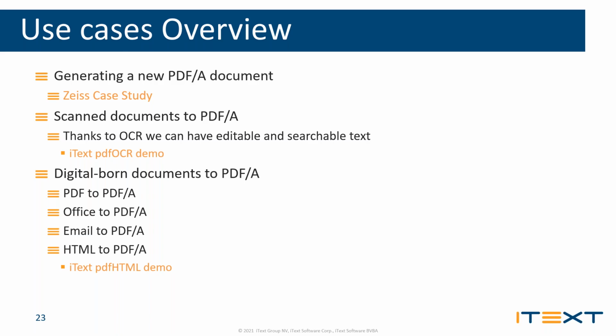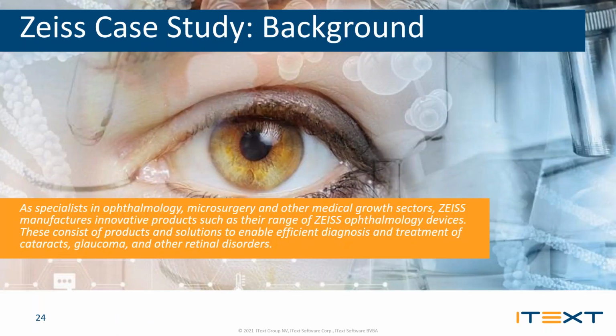And then, of course, more and more, the main use case is going from digital born documents to PDF-A: PDF to PDF-A, Microsoft Office to PDF-A, email and attachments to PDF-A3, where you have the email as the general PDF-A file and then the attachment as various file types. And again, Michael will demo the most interesting use case here, I think, of going from HTML to PDF-A. But first up, a case study with Zeiss.